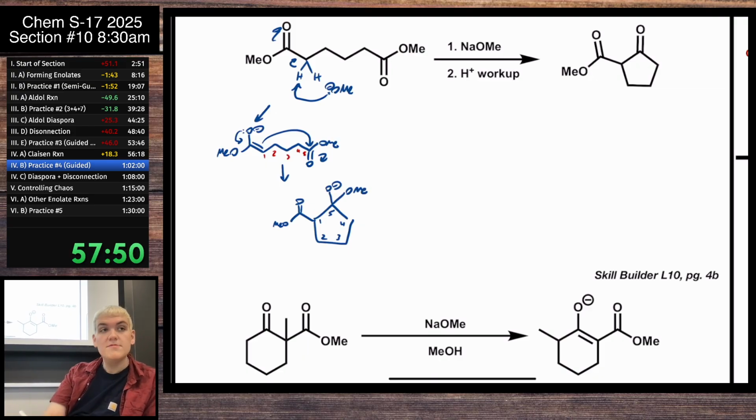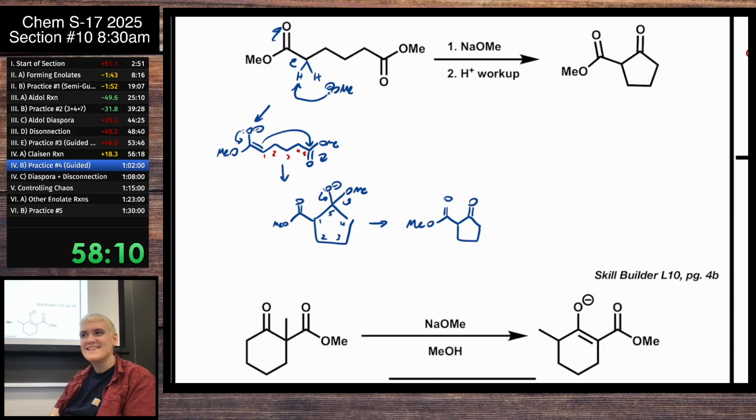And so, because we have a good leaving group and this tetrahedral intermediate, we can push down, kick off OMe. We're done. We have our product.